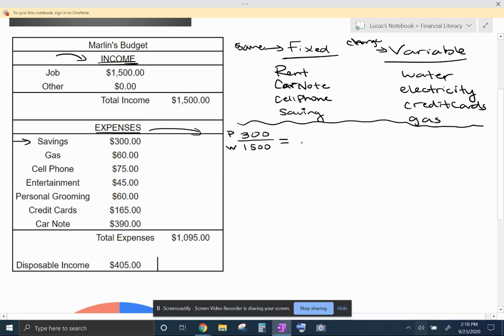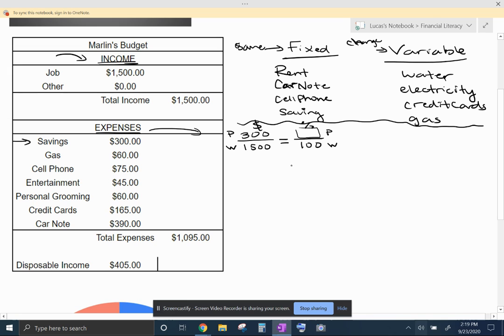And we can actually change that to a percent. So this will be our dollar amount side, and this will be our percent side. And percent's always out of 100. That's our whole.